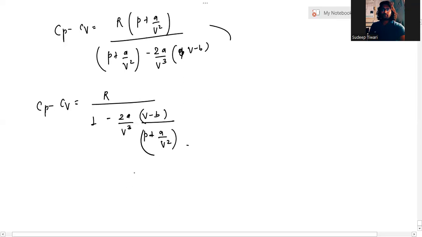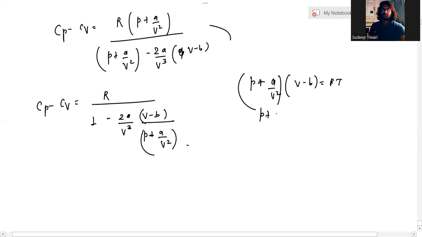Or then we can do one thing. What I can do, now I can use the van der Waals gas equation, that is (P plus A upon V square) into (V minus B) is equal to RT.